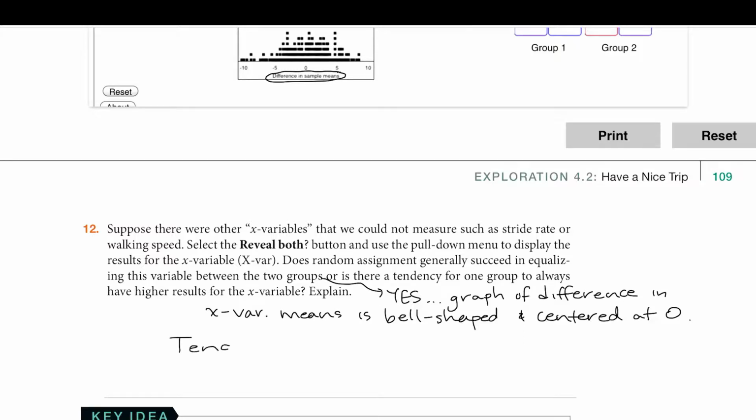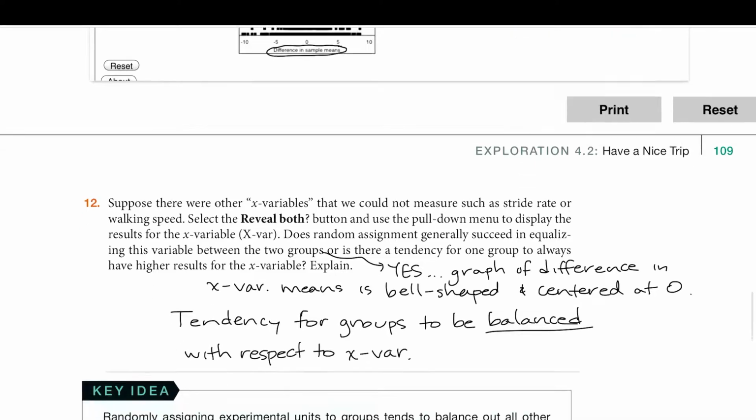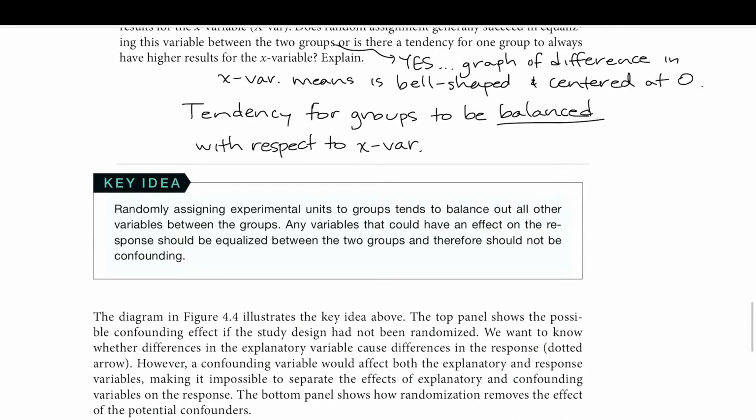So once again, the tendency is for the groups to be balanced, we might say with respect to this x variable, which we don't even really know what it is, but it might be important to a person's ability to recover.